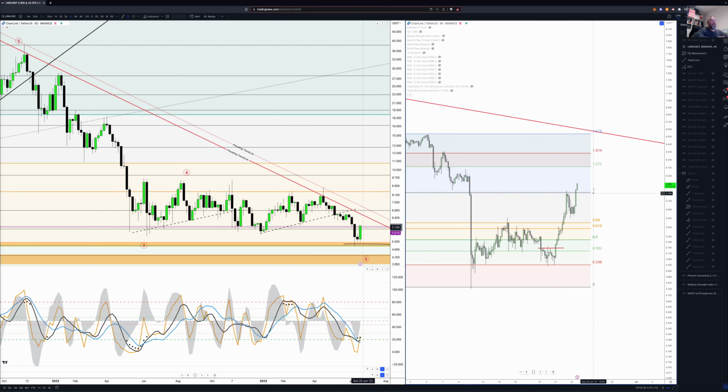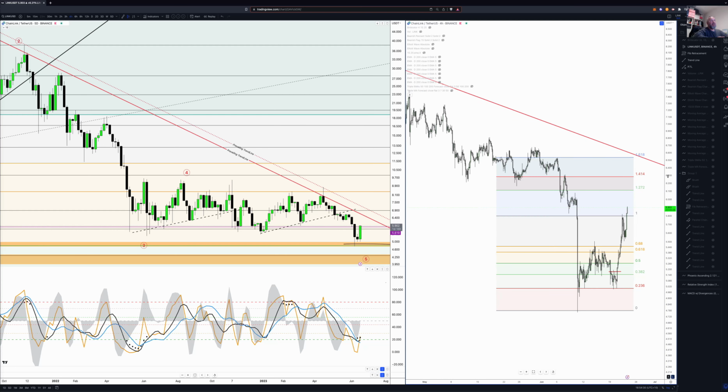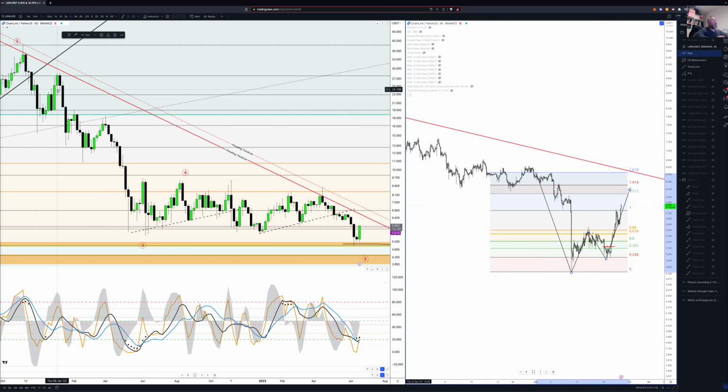And we're having a breakout to the top. Can we see any other patterns in there? Not really. I'm sure this is a reversal bottom, which you can't call until it happens, but it's basically a swing failure pattern. Yep. That is, and so we're looking for these levels for resistance. Either 1.272, 1.414, probably it's the main one.